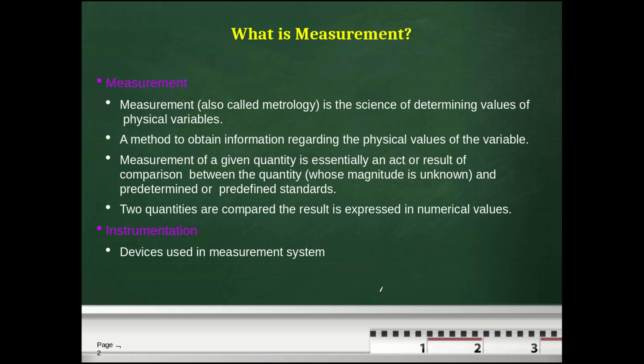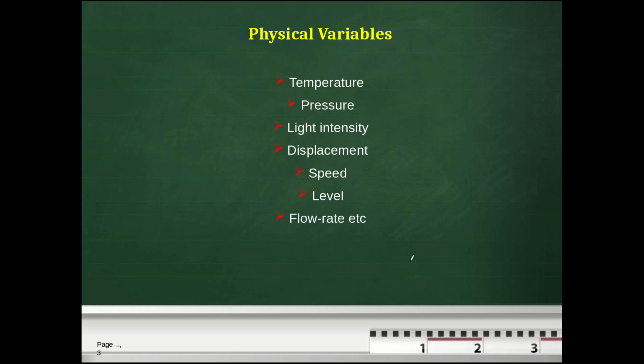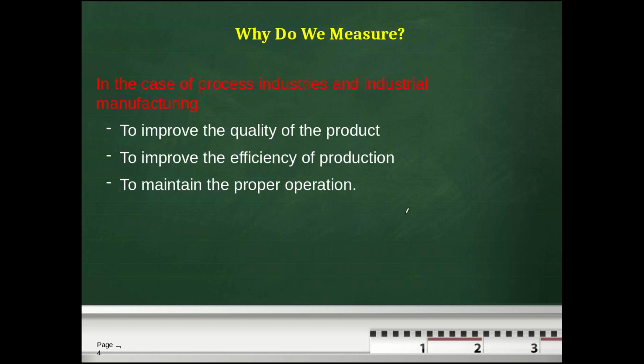So you measure the temperature using, for example, Celsius, and you say that it is 37 Celsius or 36 Celsius. So it's a number, and you express it corresponding to this quantity. Okay. Now, physical variables like temperature, pressure, light, displacement or speed, whatever.